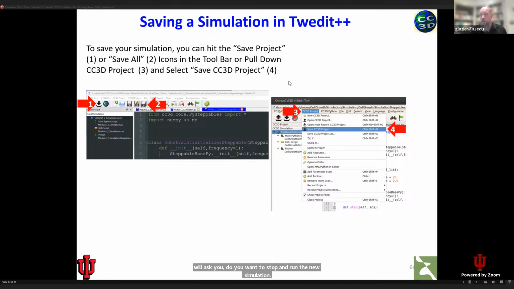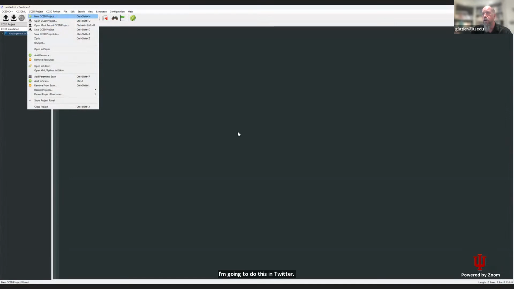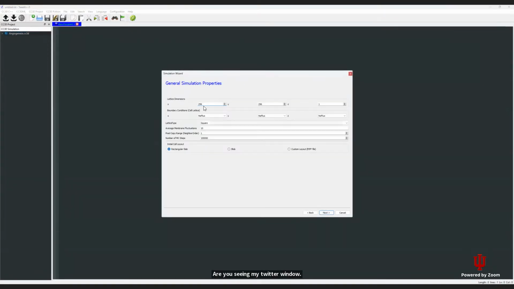So this is a tiny bit of a test. Why don't people see, having generated the simulation, if they can figure out how to run it in player? I'm going to do this in Twedit. First step, CC3D project, new project. New simulation 2. Next.